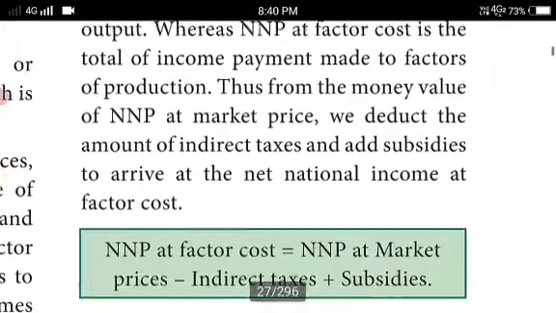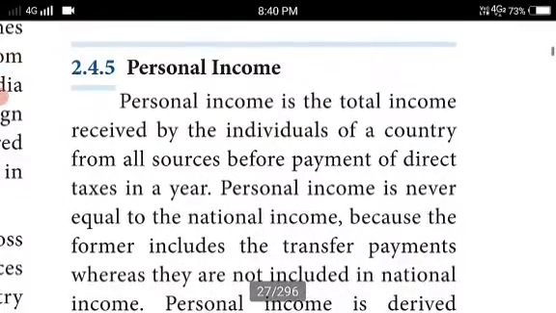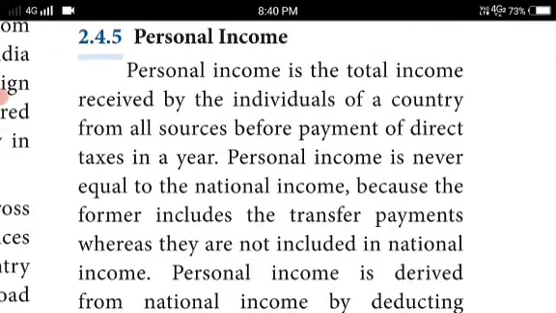Understood? Then we move to personal income. Personal income is the total income received by the individuals of a country from all sources before payment of direct taxes in a year. This is a 2 mark question: define personal income.